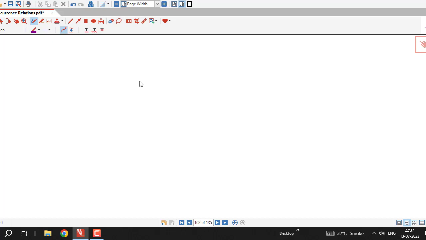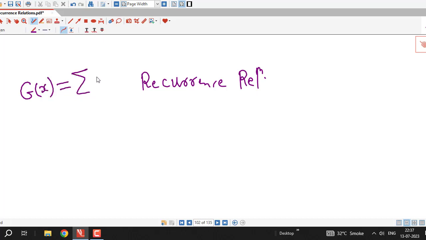Now in this lecture we have discussed how to solve the recurrence relation using generating function, and for that you must be familiar with the formula of generating function. It is G(x) equal to sigma a_n x raised to n, n equal to 0 to infinity, and remember the generating function and the corresponding nth term of this sigma.